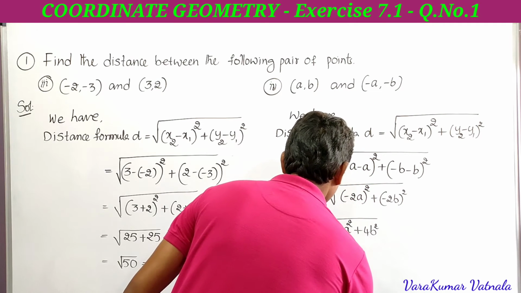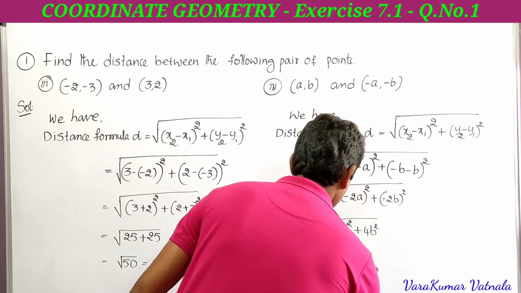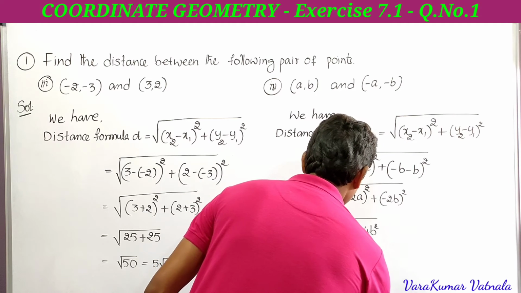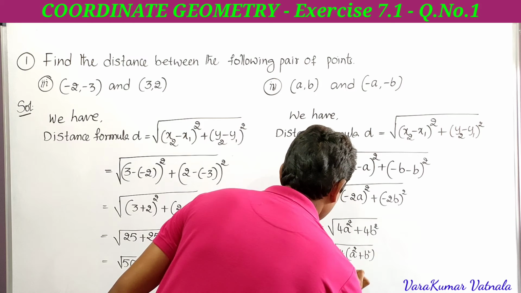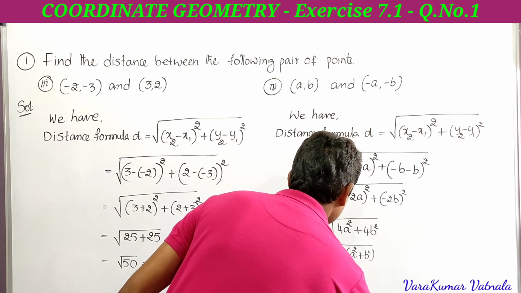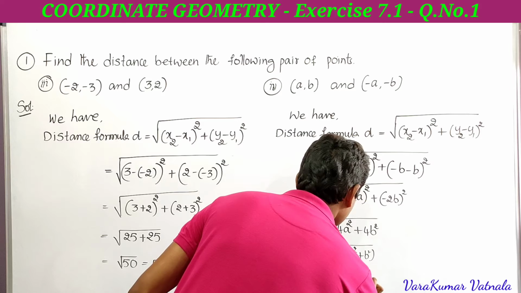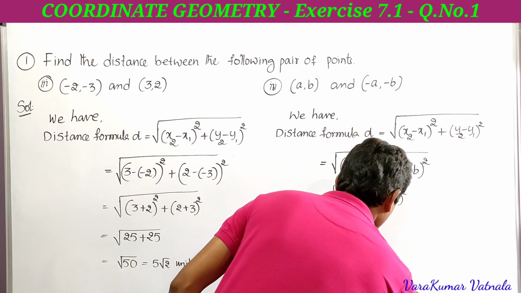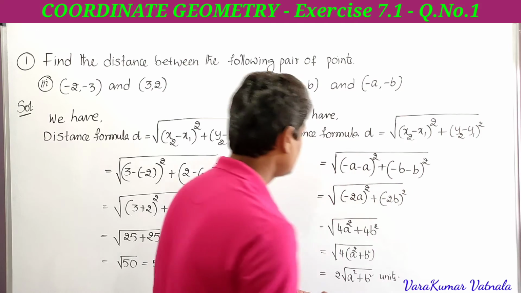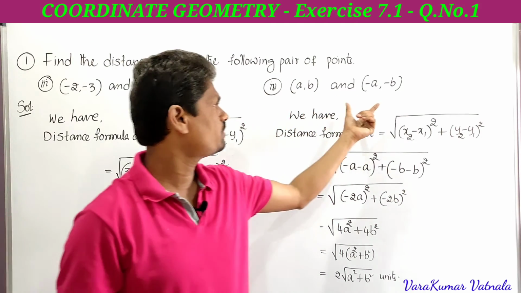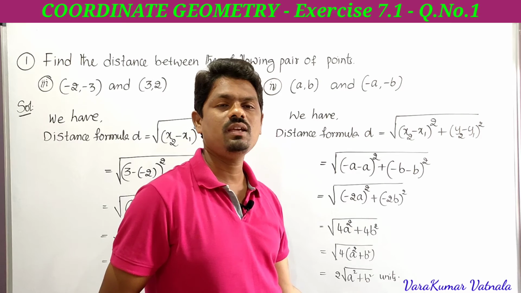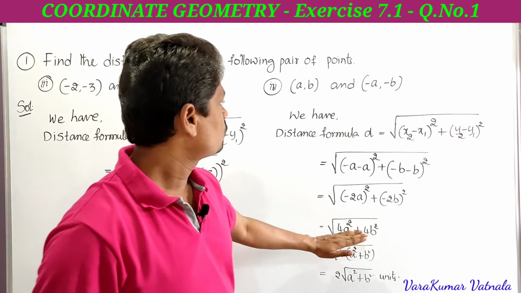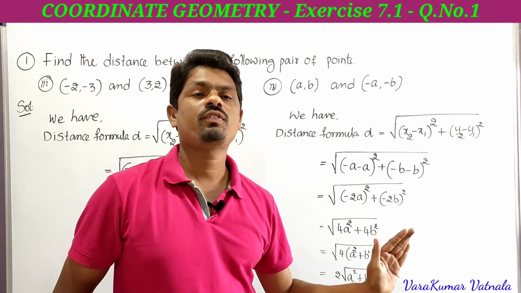Here we can write 4 as common under the square root: 4 into a square plus b square. Taking 4 out of the square root, we get 2 into the square root of a square plus b square units. So the distance between the points a comma b and minus a comma minus b is 2 into square root of a square plus b square. This is the fourth bit in the first problem.